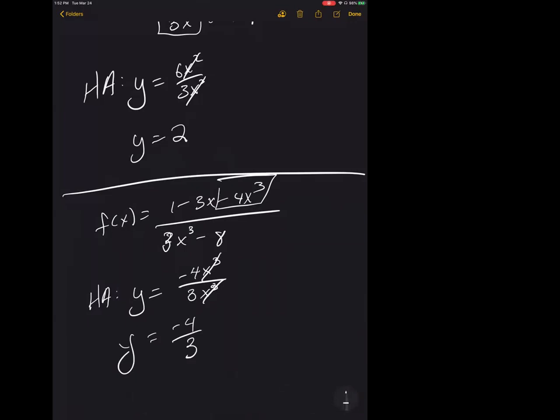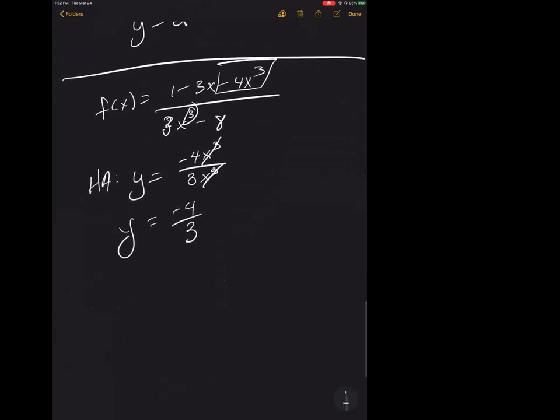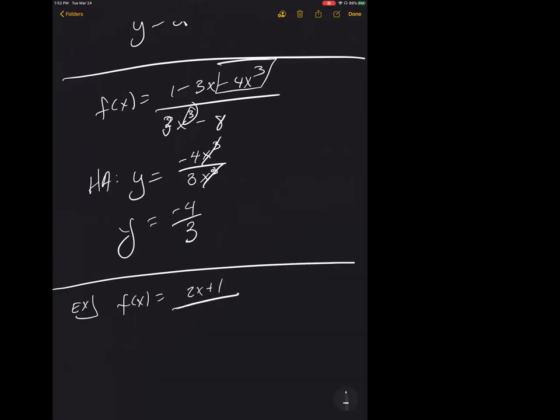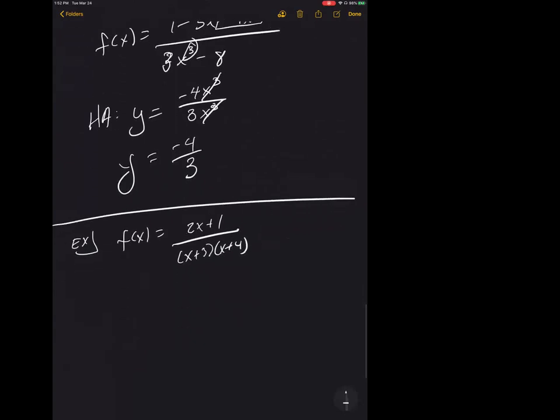So obviously, why did I have to change this number right here? The horizontal asymptote is not as easy when those numbers are different, when the highest power terms are different. So, for example, let's say I have f of x equals 2x plus 1 divided by (x plus 3)(x plus 4). I think that's the first example.